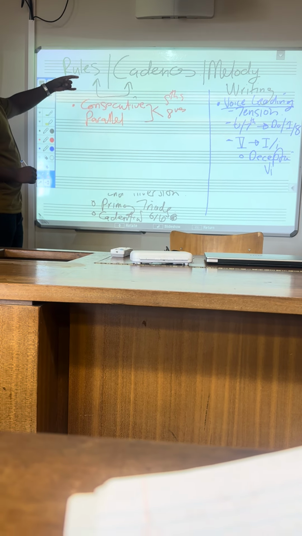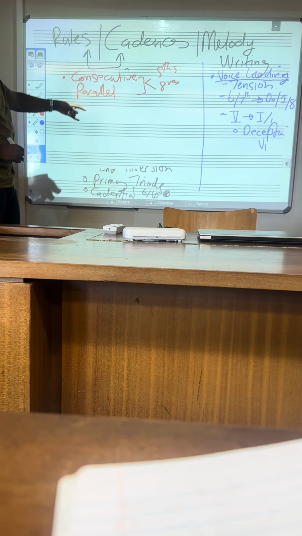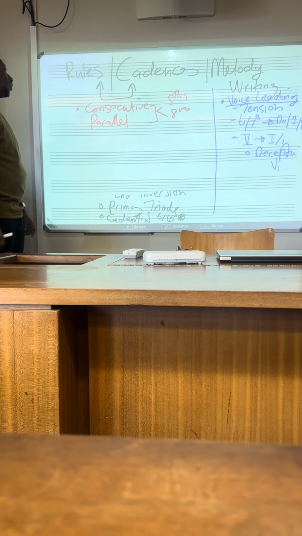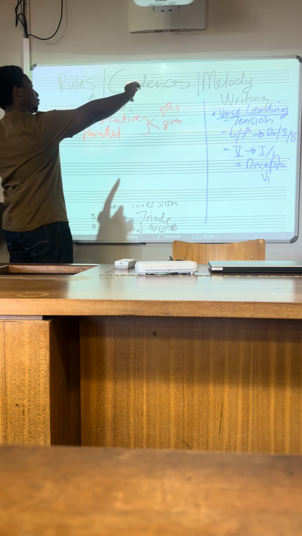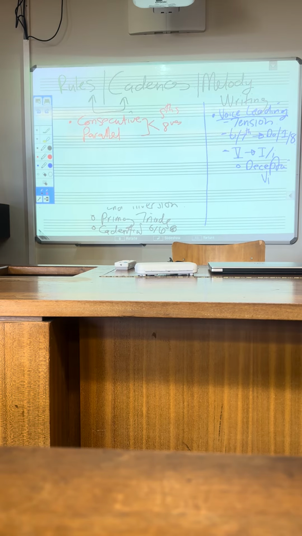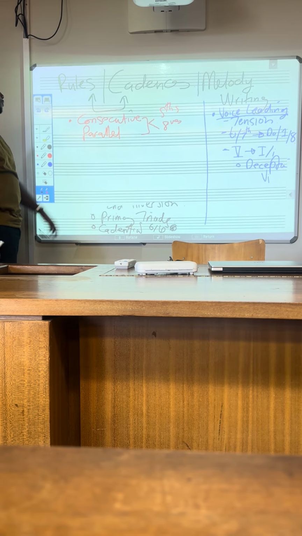That's when you have voices with an interval of a fifth moving together. If you have a fifth and the next one is another fifth, not good. If you have a distance of an eighth moving to another eighth, not good. So be wary of that. You can't do that. Not allowed.